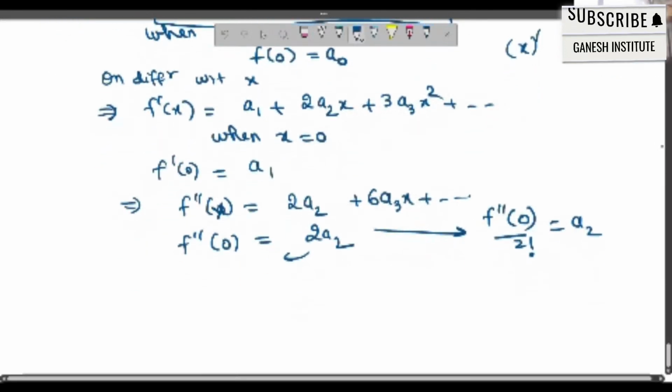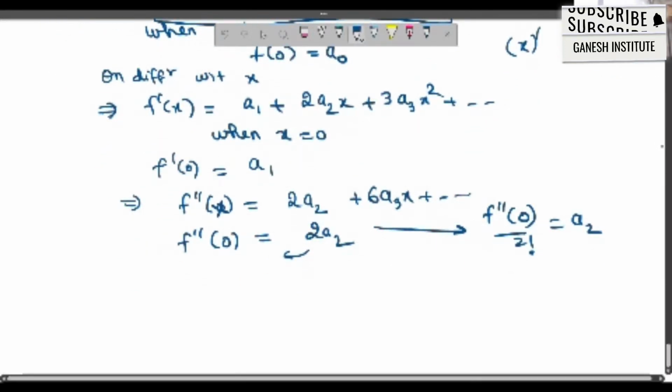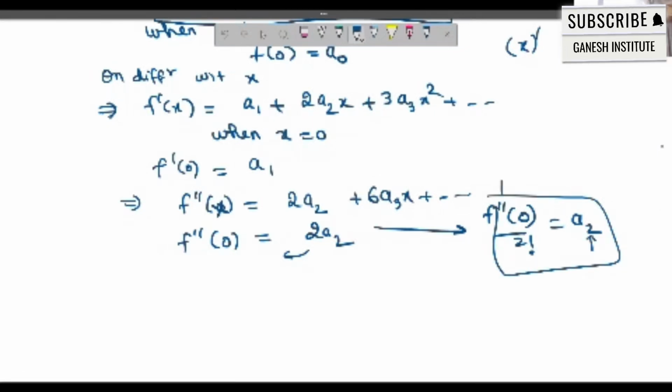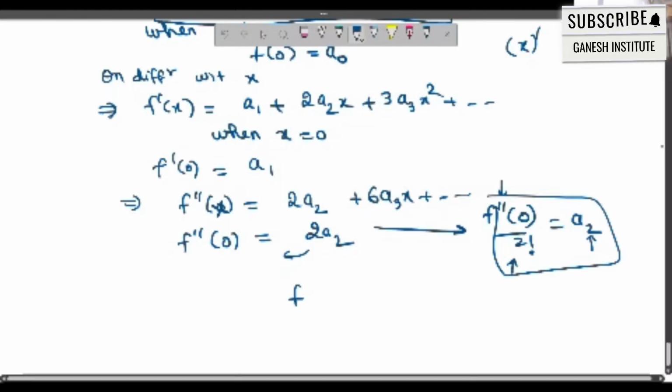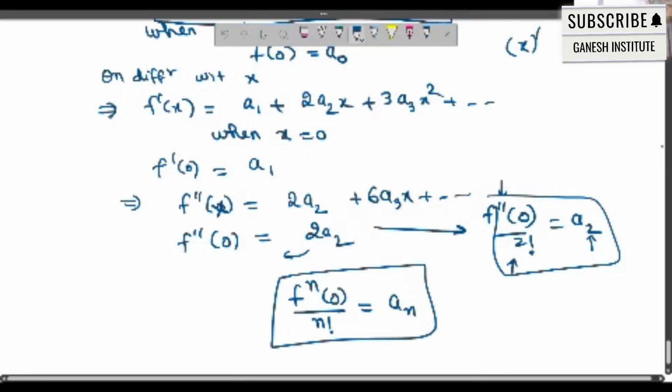So if it is 2, I'm having a double derivative and 2 factorial. Can I generalize it? If it is n, then it has to be n factorial in an.